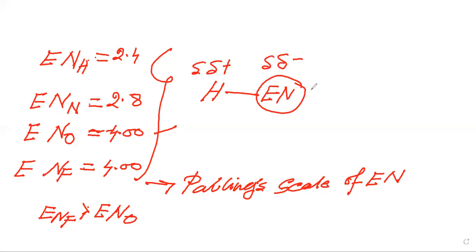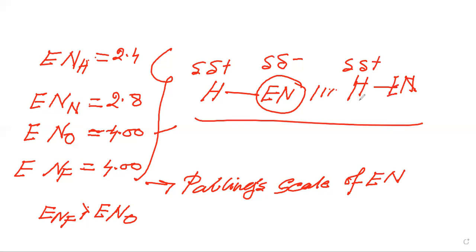So that hydrogen is now free to interact very frequently with another adjacent electronegative atom, and that chain is carried forward. We have a system where the hydrogen atom interacts with the electronegative atom of another molecule. So this is how hydrogen bond occurs. This is a very strong dipole-dipole interaction.